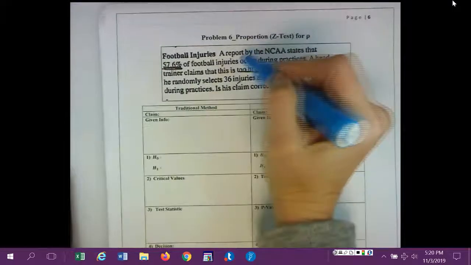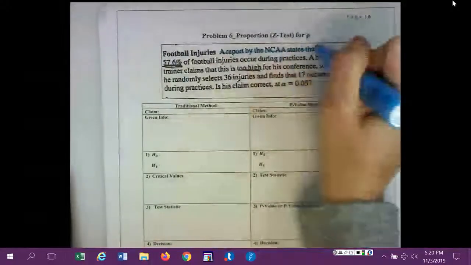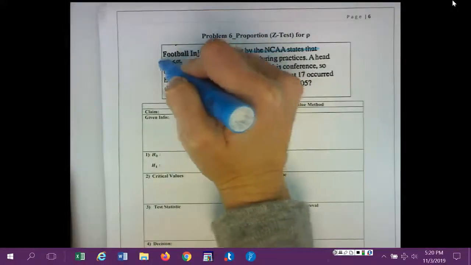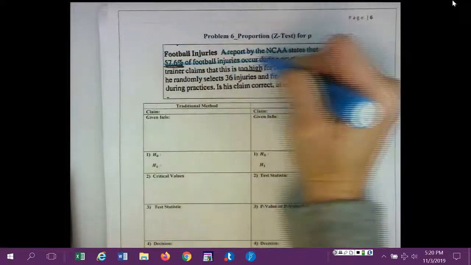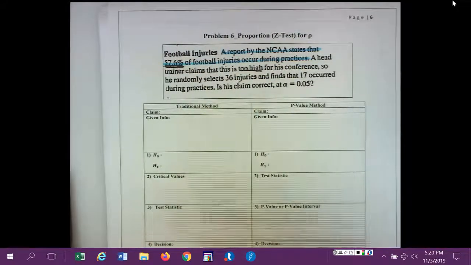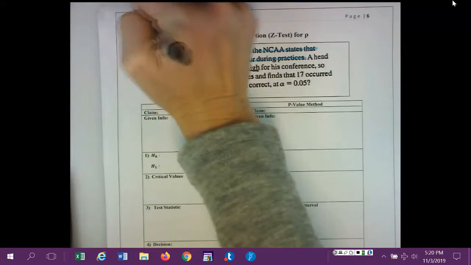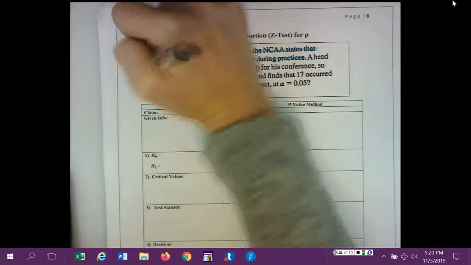A report by the NCAA states that 57.6% of football injuries occurred during practices. That looks like to me the first sentence is stating equality. That row is 57.6%.